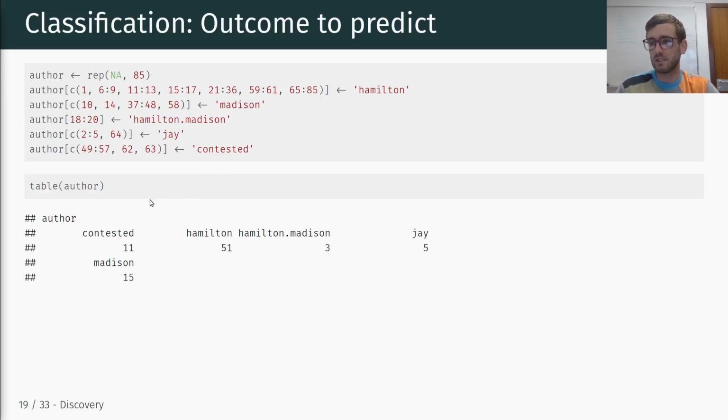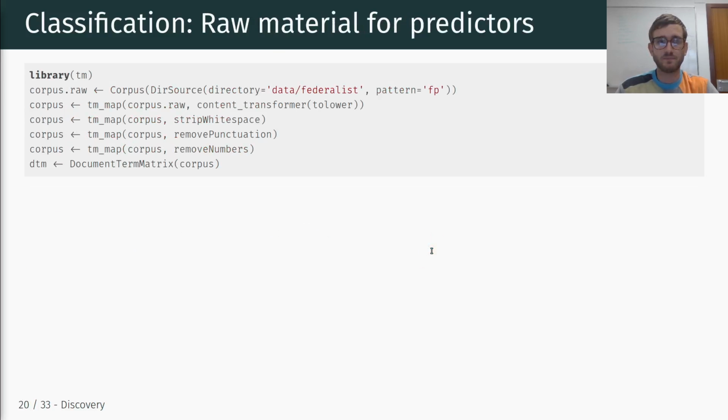And if we look at this vector, of course, this is just a frequency table with 11 contested essays, 51 written by Hamilton, 15 written by Madison, and then 3 jointly and 5 by John Jay.